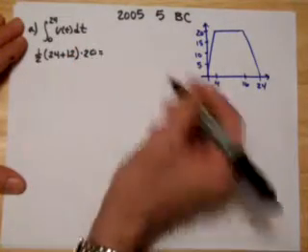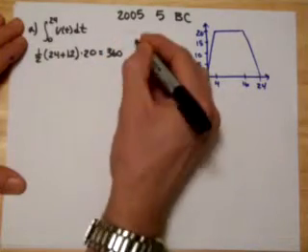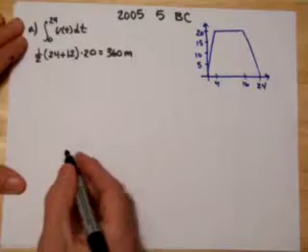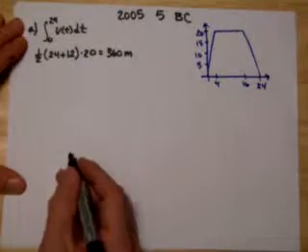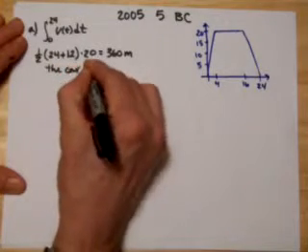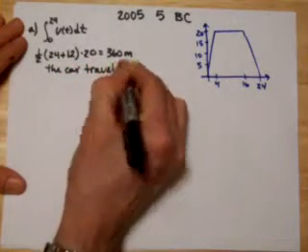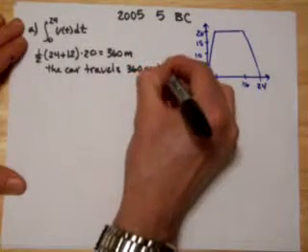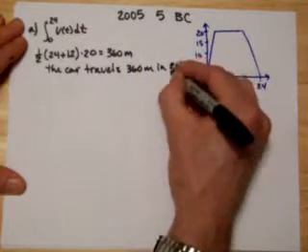And so when we multiply that out, we should get 360 meters. The car travels 360 meters in 24 seconds.